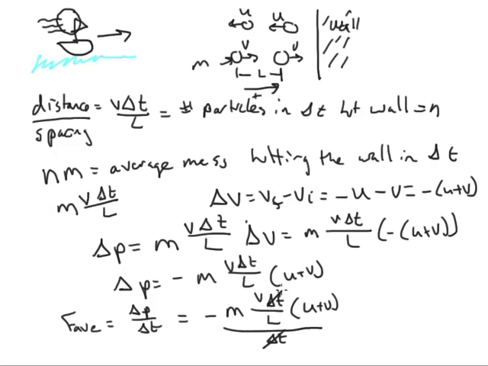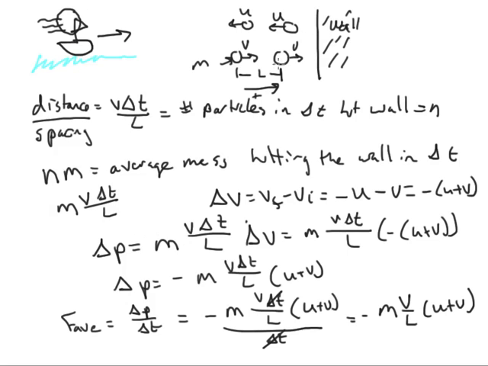So our delta t's will cancel. We're just going to have minus m v over L times u plus v. And then this is the average force that is exerted on the mass of particles.